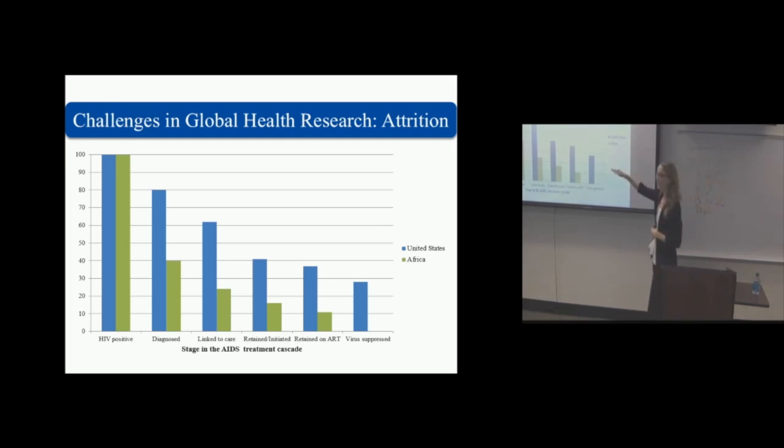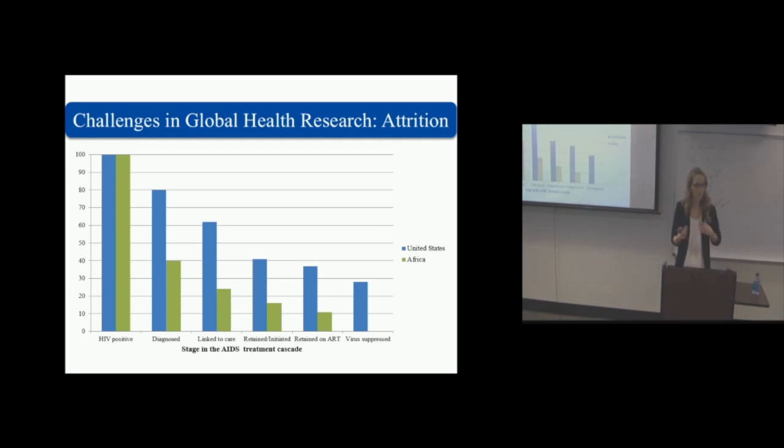However, there's attrition, right? There's lots of loss to follow up along this entire cascade, where if you start with 100 people who are HIV positive, you end up in the US with 28 that are virologically suppressed, meaning that cohort at the end of that health outcome is probably a different subset than the initial cohort that you started with. And what that means is that it's like a randomized clinical trial.